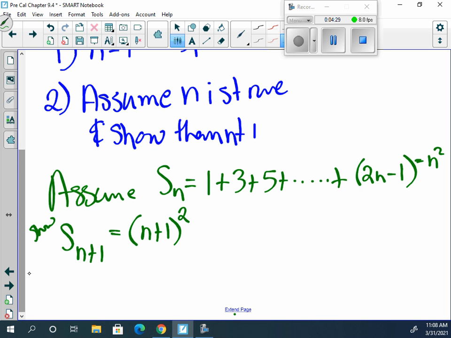Because if I can show that S of n plus 1 is equal to n plus 1 squared, it means that anyone after the nth number will be true. And since n is the last one, anything past the last one is always going to be true. Because once we can show that the nth plus 1, the one after, is true, it doesn't matter which one in the sequence we do, it's always going to be true, continuing on and on forever.